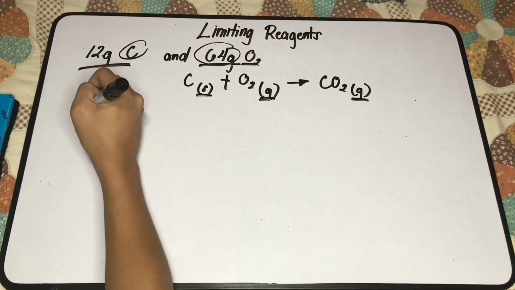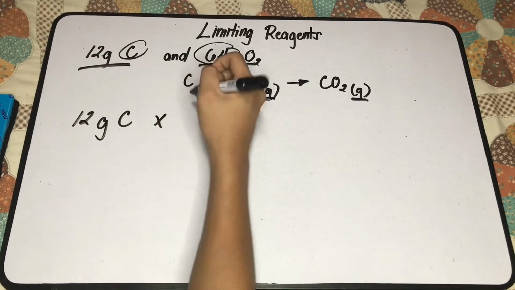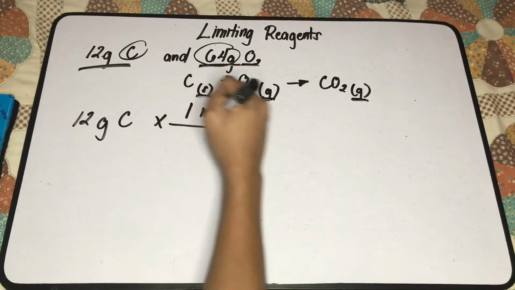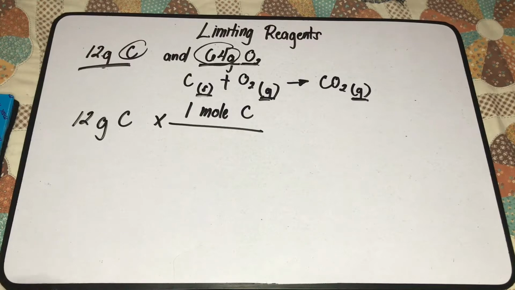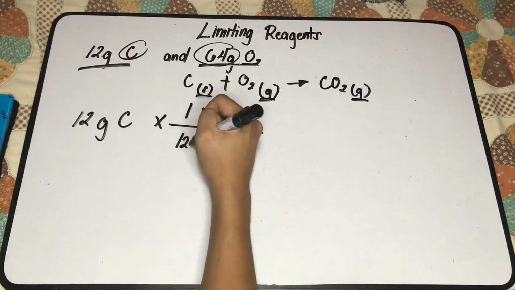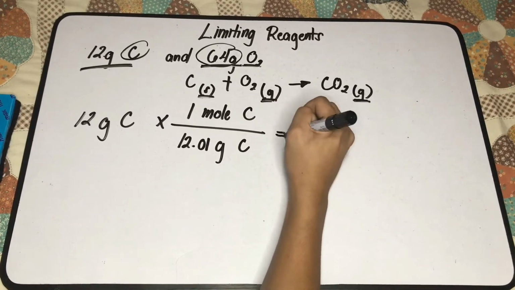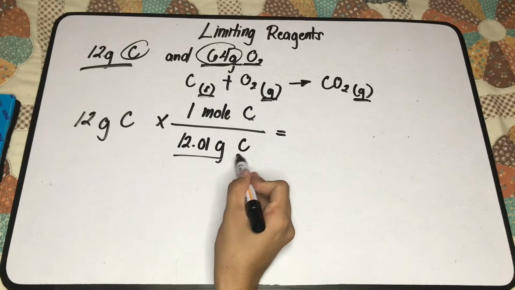So, we're just going to use 12 grams sa carbon multiplied by ang 1 mole ng carbon, ano yung molar mass. So, nasa periodic table of elements lang natin, which is 12.01 grams of carbon.